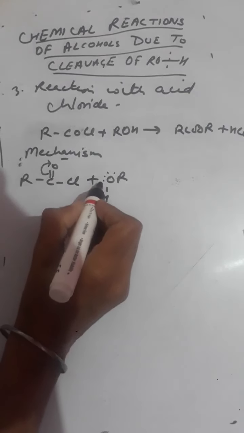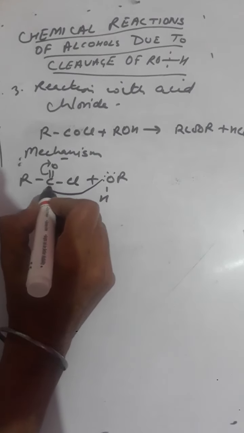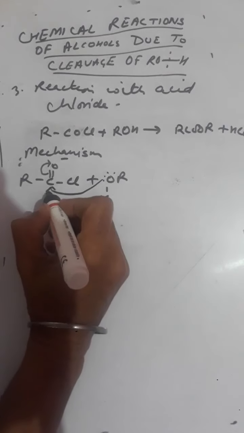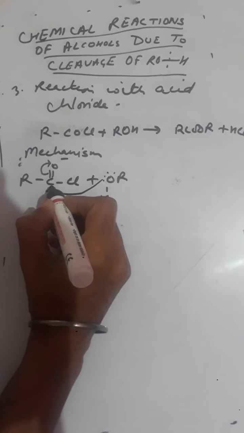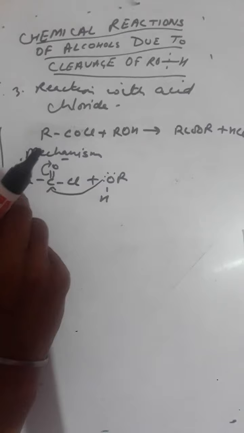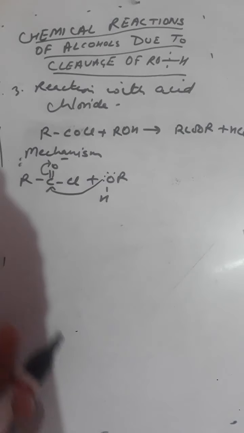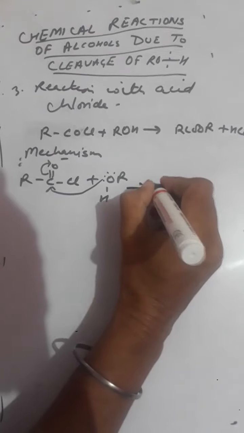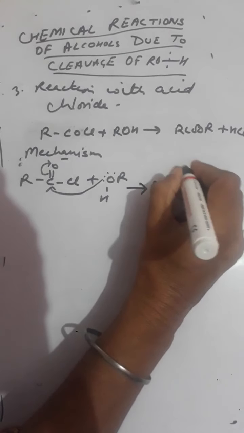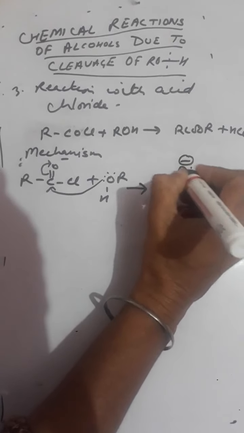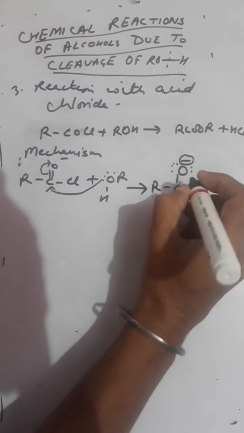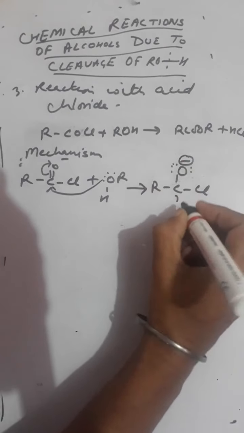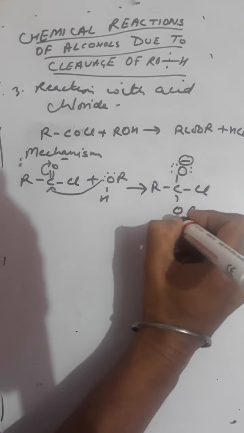The nucleophile will be attracted towards this carbon, which is made available for nucleophilic attack. And we get RCO negative with Cl and OR and H.